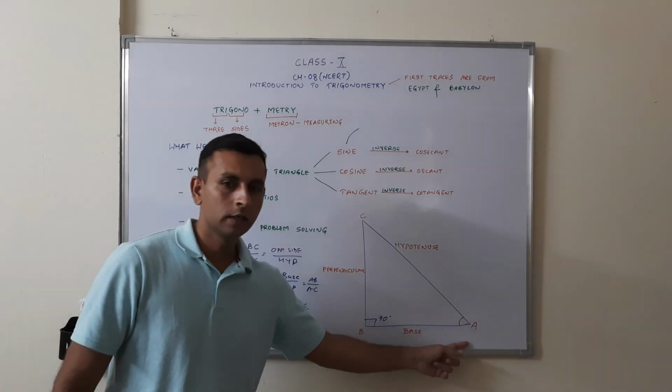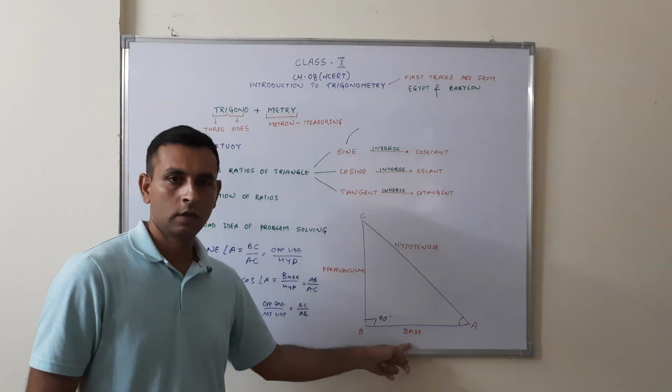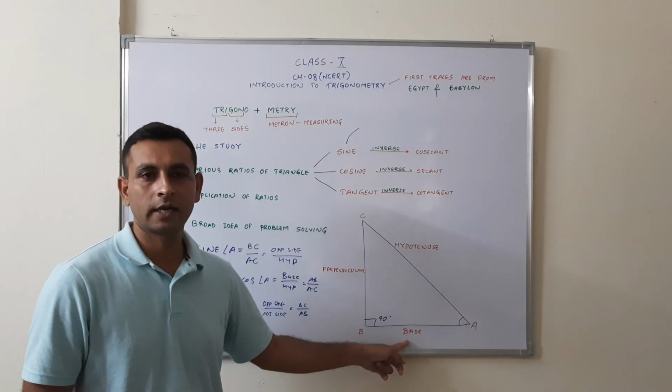Tangent of angle A is nothing but opposite side upon base or the adjacent side.